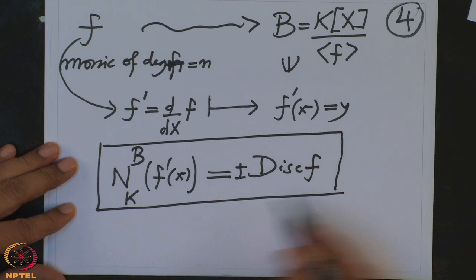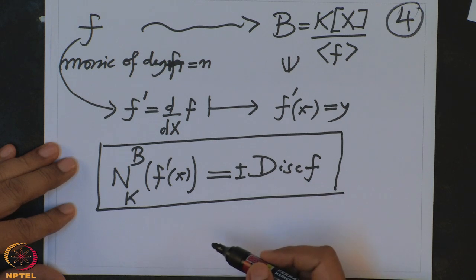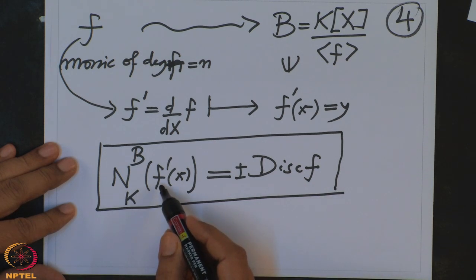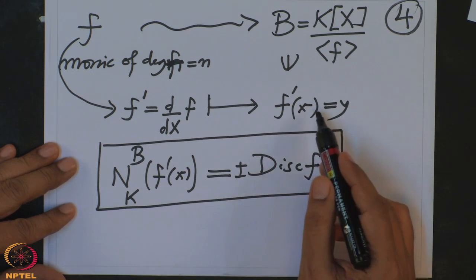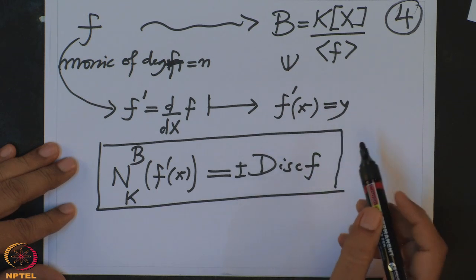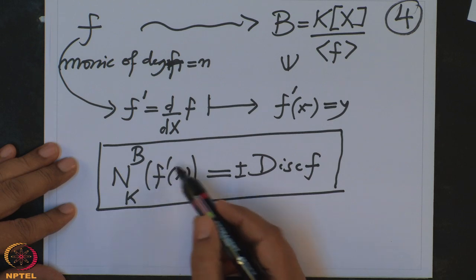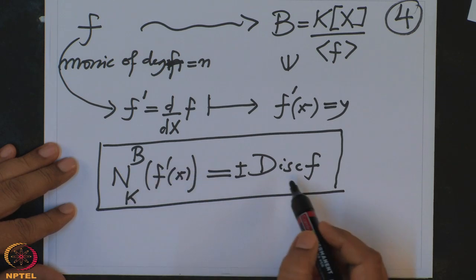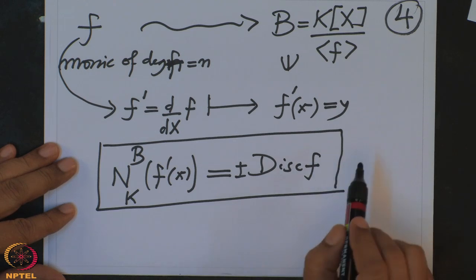So, for example, if you wanted to compute a cubic discriminant, then this f' will be of degree 2, and finding a norm of a degree 2 polynomial will not be so difficult, because the matrix involved will be 3 by 3, and therefore this is computable, and this doesn't require the knowledge of the zeros of f.